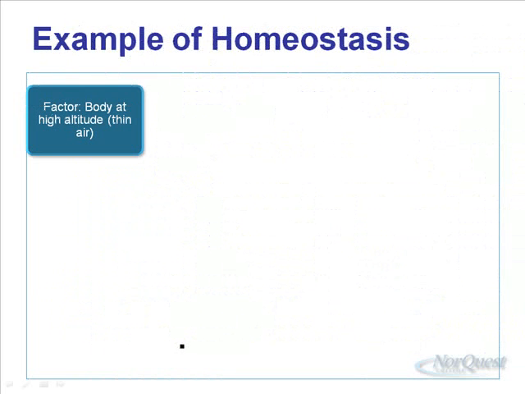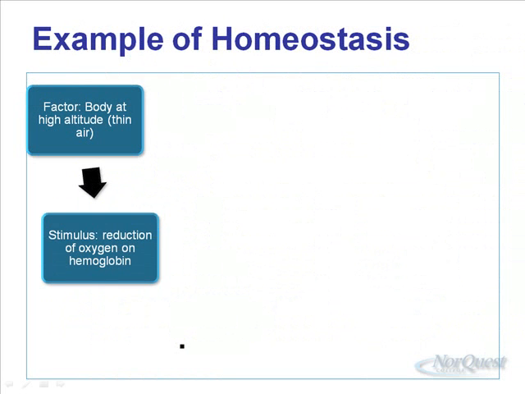So here's an example of a homeostatic effect. If you're living at a high altitude where the air is thin, this stimulus is going to be a reduction in oxygen on the hemoglobin. So even though we're inhaling and exhaling, that gas exchange, the external gas exchange, or external respiration, is inefficient.